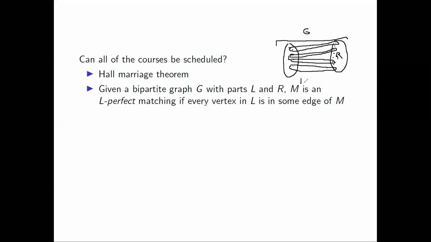So this one's L perfect because we see every vertex in L is in some edge of that matching. It's not R perfect, but it is L perfect. And we could also consider another example.